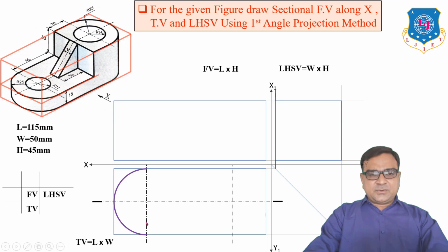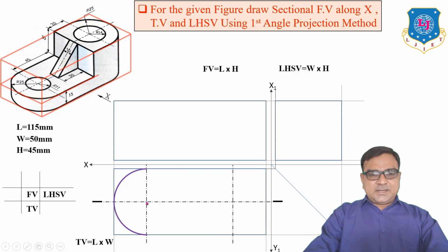Before that we have to draw two vertical center lines which intersect this horizontal line. Now these two centers are centers of the circles. So the distance between two circles is 45 plus 20, means 65 mm. So this is 25 mm, 65 and 25.